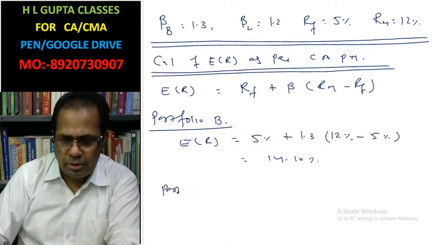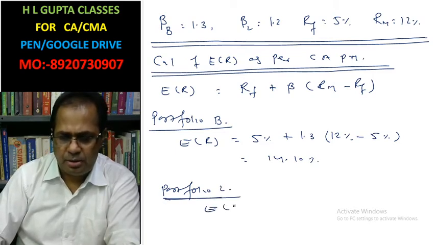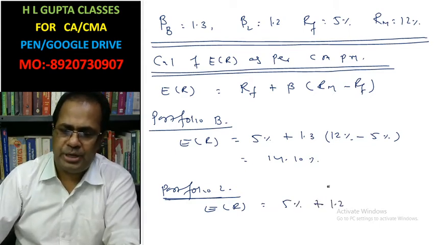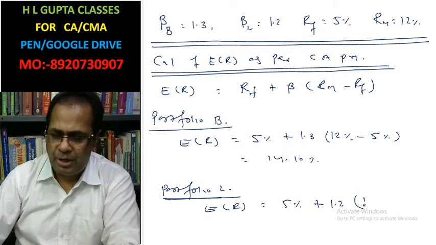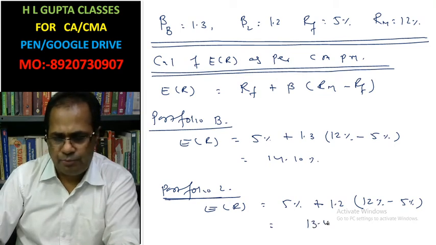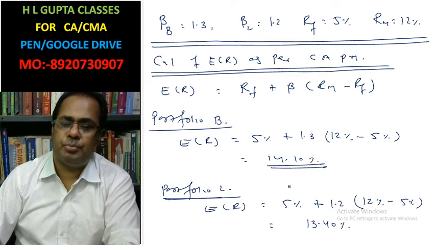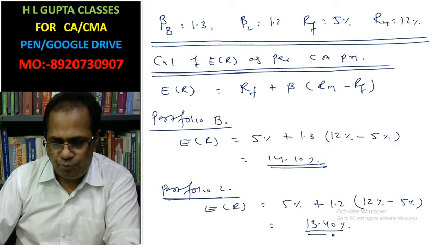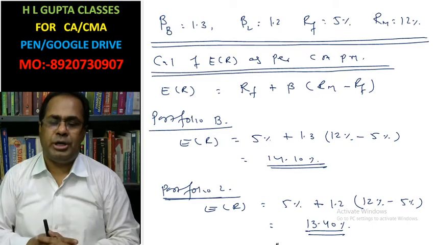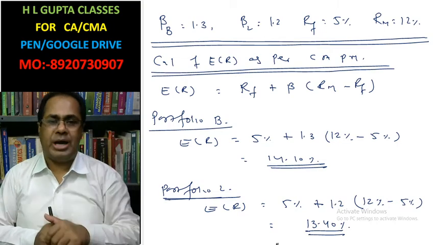Now portfolio L: expected return, you have to calculate 5%, beta of L 1.2, times 12% minus 5%, this is your 13.40%. You have expected return of 14.10% for portfolio B and 13.40% for portfolio L. Now you have to calculate alpha of each year for portfolio B and portfolio L.